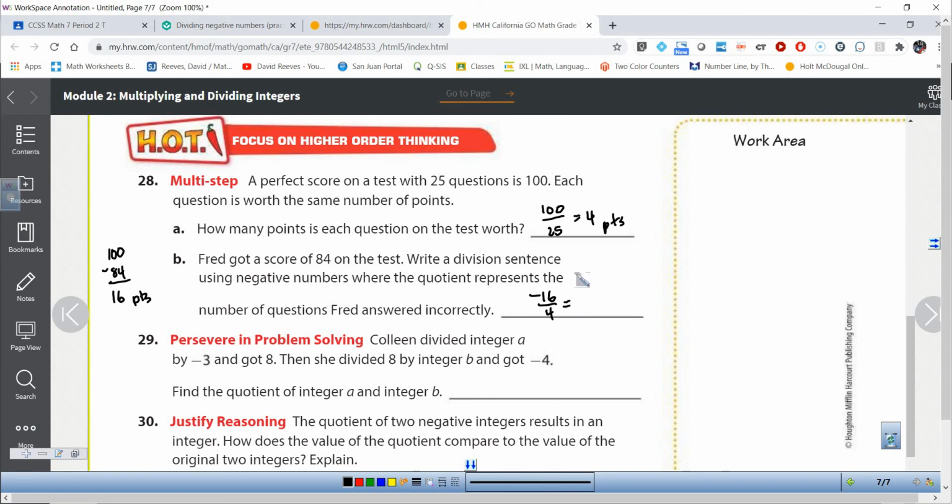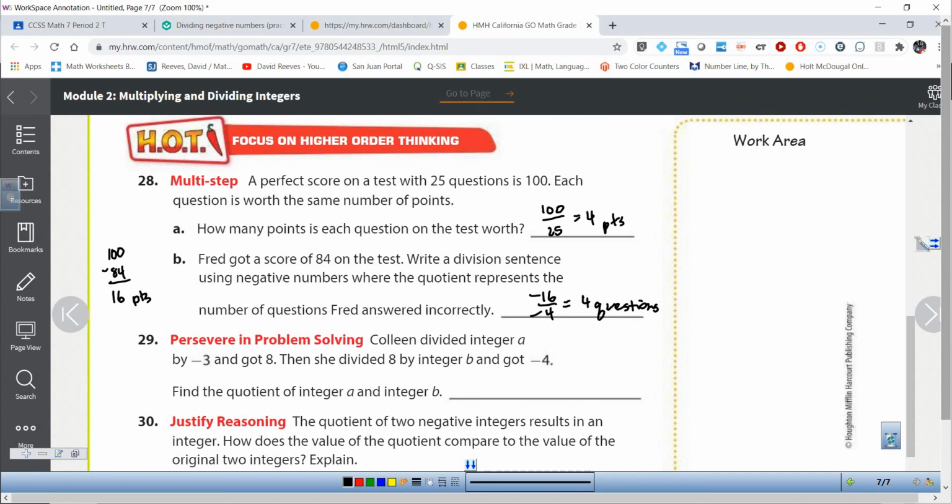So that means the number of questions that he missed was 4, right? 4 questions missed. Again, let me go over that again. His score was 16 points lower than 100. Every question he missed was deducted by 4. So negative 16 divided by negative 4 is 4 questions.